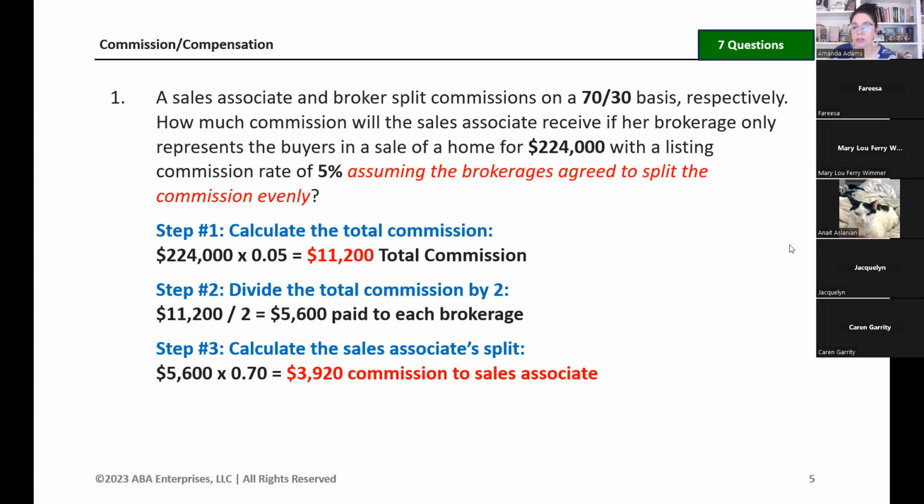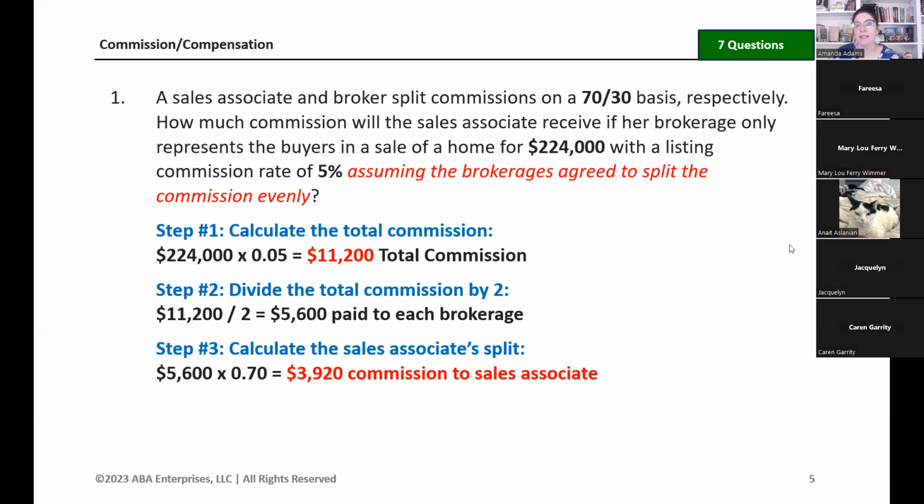Let's say I work under a broker, and some other realtor does too, because let's be honest, big companies have a lot of realtors. We might not even know each other, and we work under one broker, so it's not like a dual agency, right?